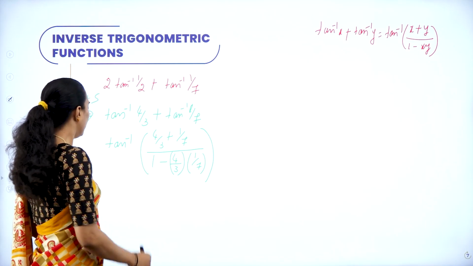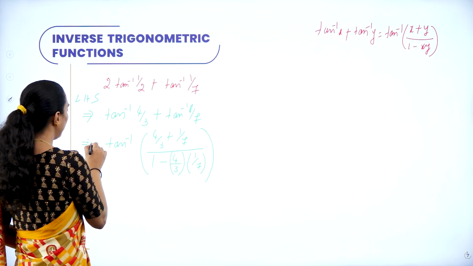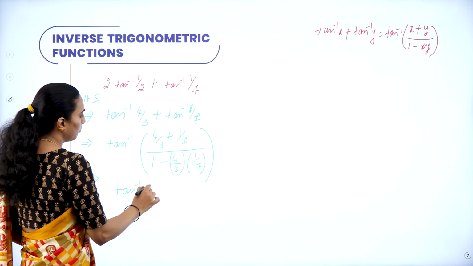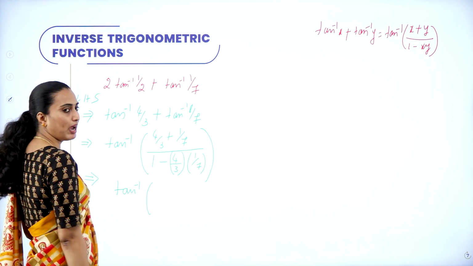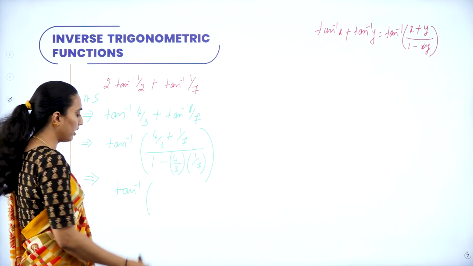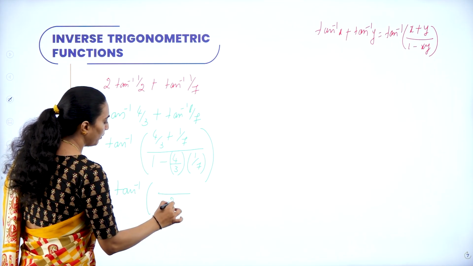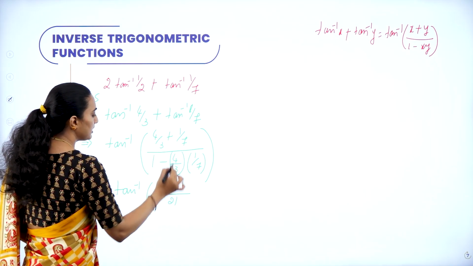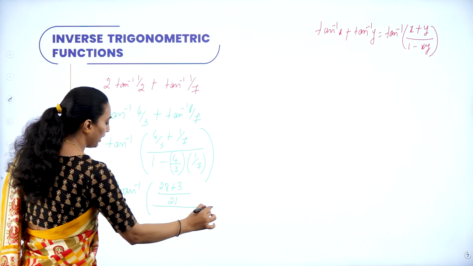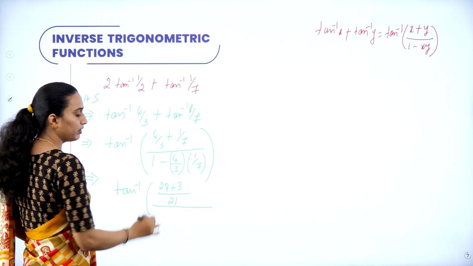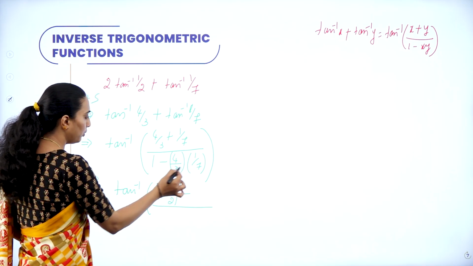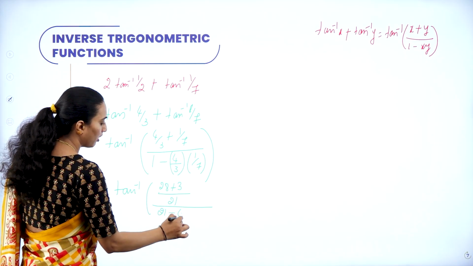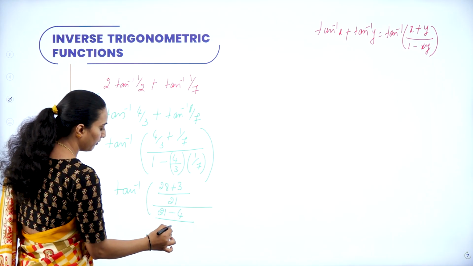What I have substituted, now this implies, this is LHS I have taken, tan inverse of 4 by 3 plus 1 by 7. Taking LCM is 21. So therefore you can take it as LCM is 21. So 7 4s are 28 plus 3 1s are 3, correct? Divided by whole over. Again here also 7 3s are 21. So you are going to have 21 into 1 is 21 minus 4 1s are 4, divided by 7 3s are 21 is LCM, correct?